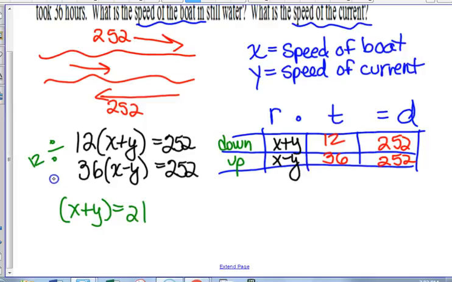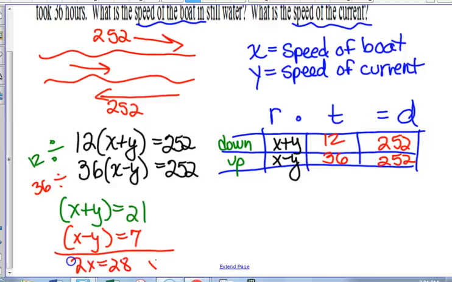On this one, if I divide both sides by 36, I get X minus Y equals 7. Now I have an Algebra 1 problem. Right? Add those together, I get 2x equals 28. X equals what? 14. If I put a 14 back in for X, Y has to be?